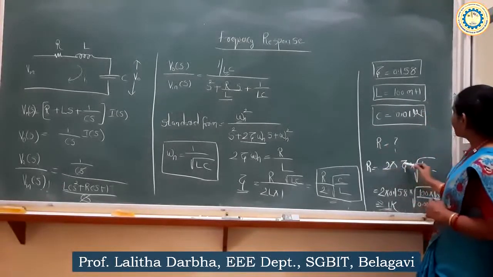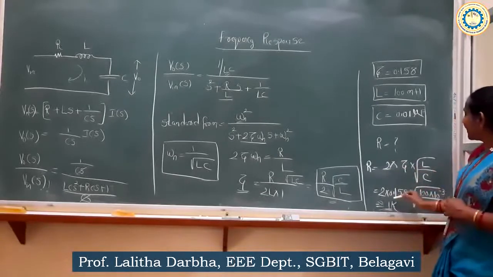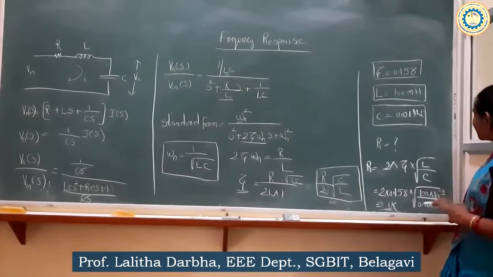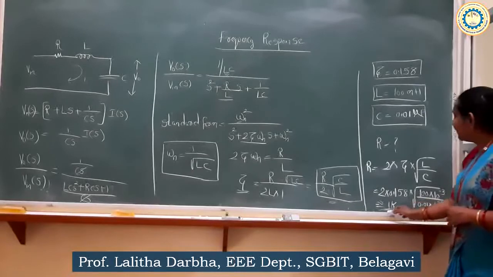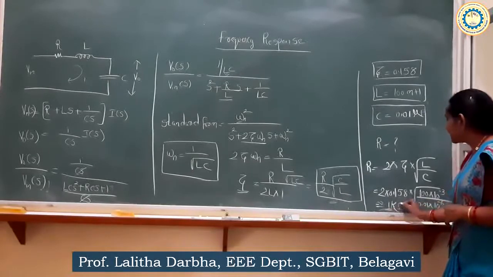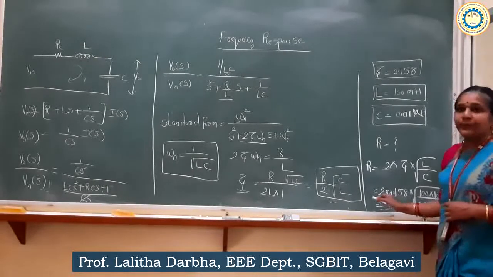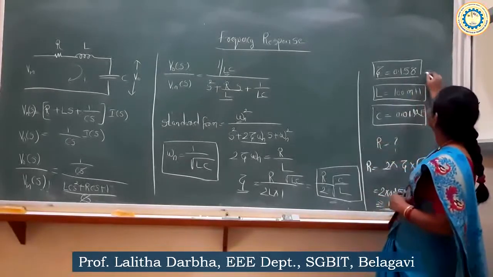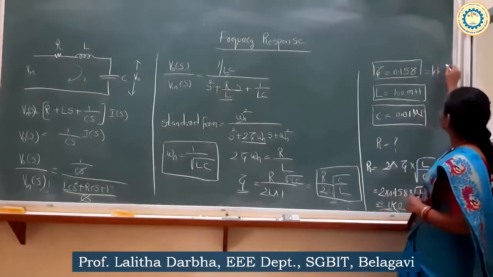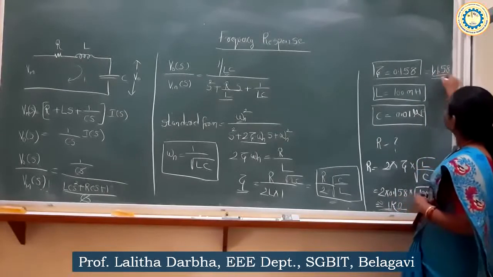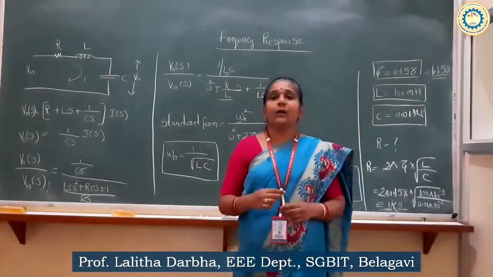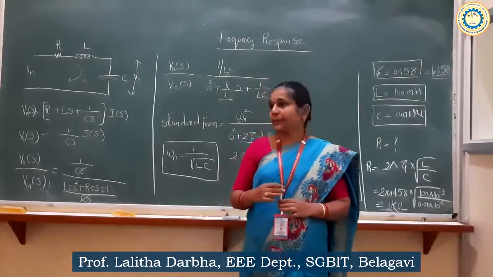R is given by 2 zeta root L by C. So 2 into 0.158 into root of 100 milli, 10 to the power minus 3, divided by 0.01 micro, 10 to the power minus 6, and we will get a value of resistance as 1 kilo. Similarly, by setting the damping factor to 1 and 1.58, we can get the value of resistance for the critically damped system and the overdamped system.